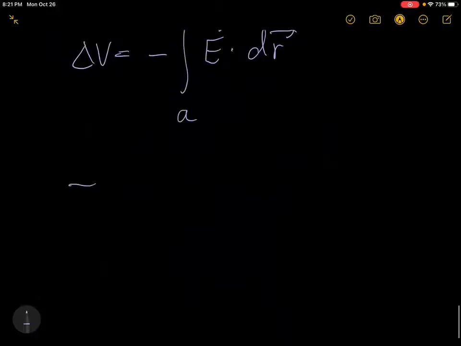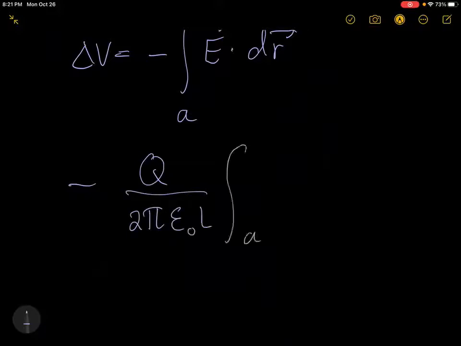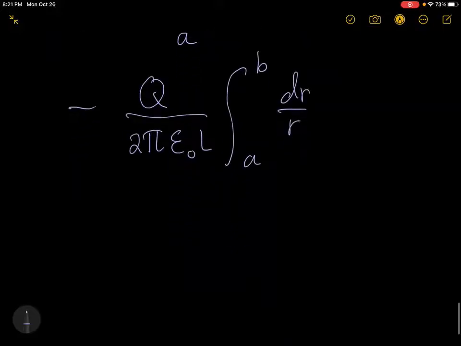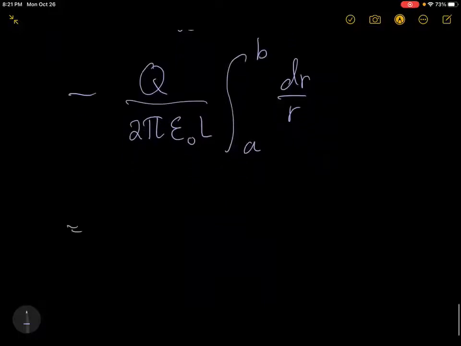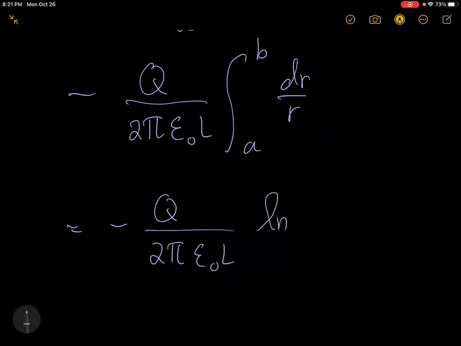So we can rewrite this as negative Q over 2 pi epsilon naught L, integrated again from A to B, and inside is dr over R. This would just give us negative Q over 2 pi epsilon naught times L times the natural log of B over A. Remember that the natural log of B minus the natural log of A is equal to the natural log of B over A. That's just one of the properties.